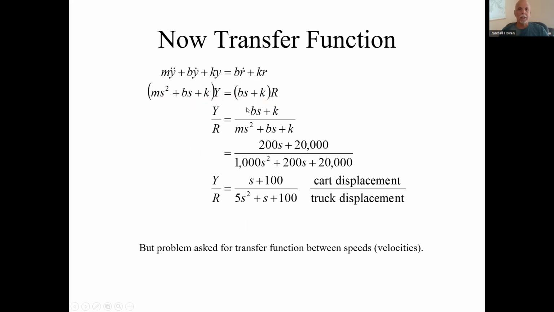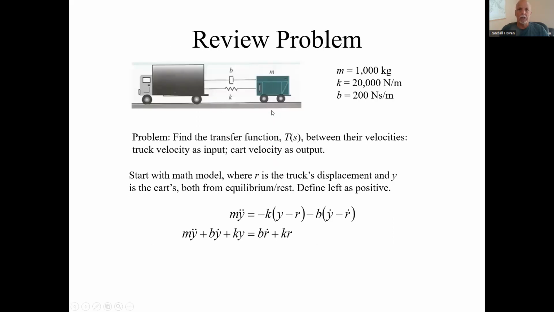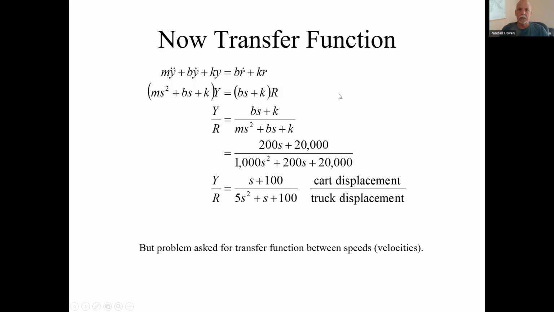And here then is the transfer function. Still second order, but now we have an s in the numerator that we weren't seeing before. If we plug in these numbers for the mass, the spring constant, and the damper constant, we end up with these numbers. So here's the transfer function.